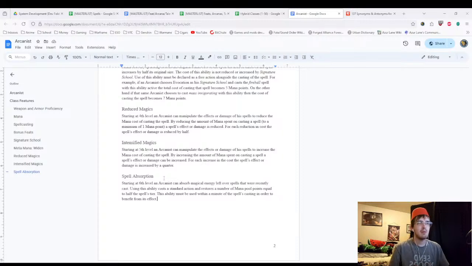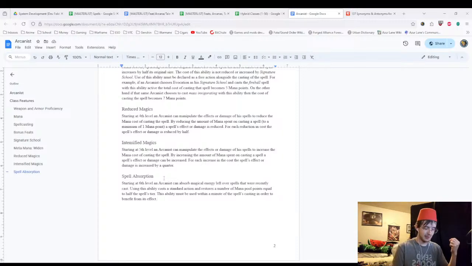Say an enemy cleric casts a 2nd tier healing spell. The Arcanist can then go, ooh, food for me. Even an ally can do that. The Arcanist can then use this ability to just take that and use it to restore himself.